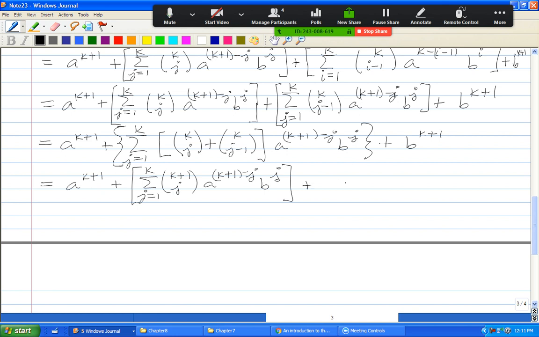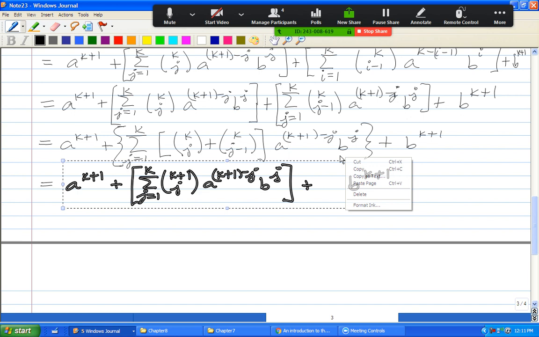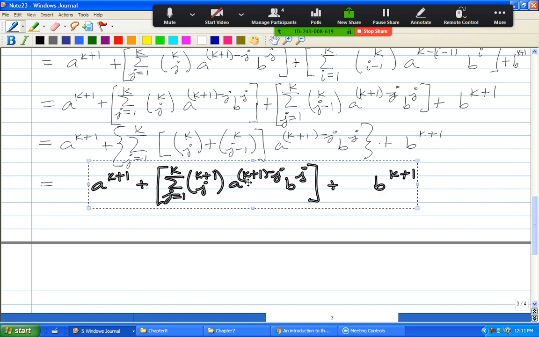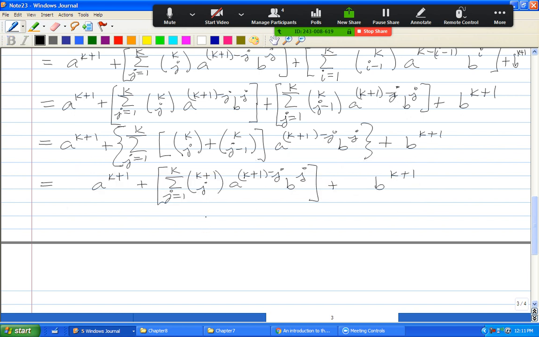And this is plus b to the k+1. Now, actually, let me give this a little room here. I know that (k+1) to the 0 is just 1.